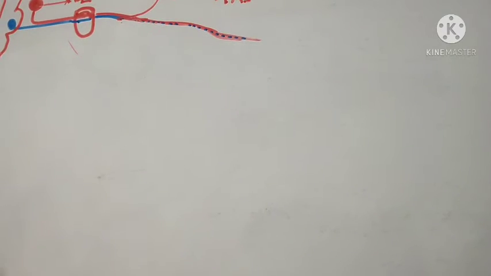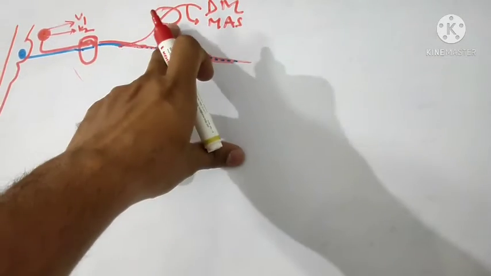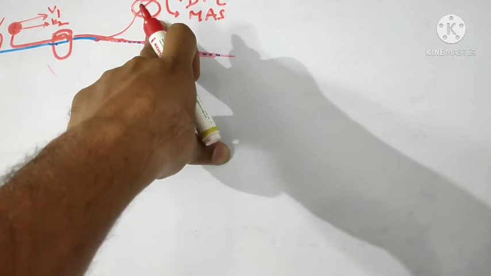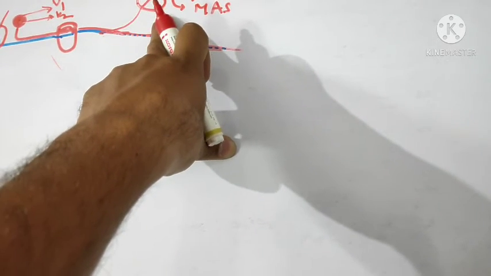One thing I left out: the meningeal branch is also called nervus spinosus, because it enters the foramen spinosum.